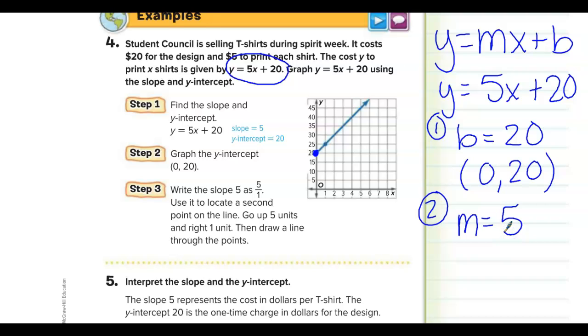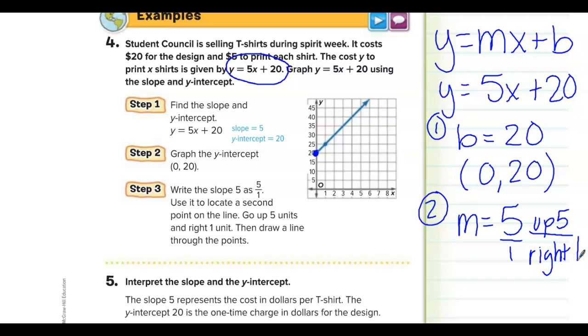Okay, so what does that mean? If it's just 5, what does that mean? What do you do, Aubrey? Rise over run, 5 over 1. So you go up 5, and then right or left? Right, 1.